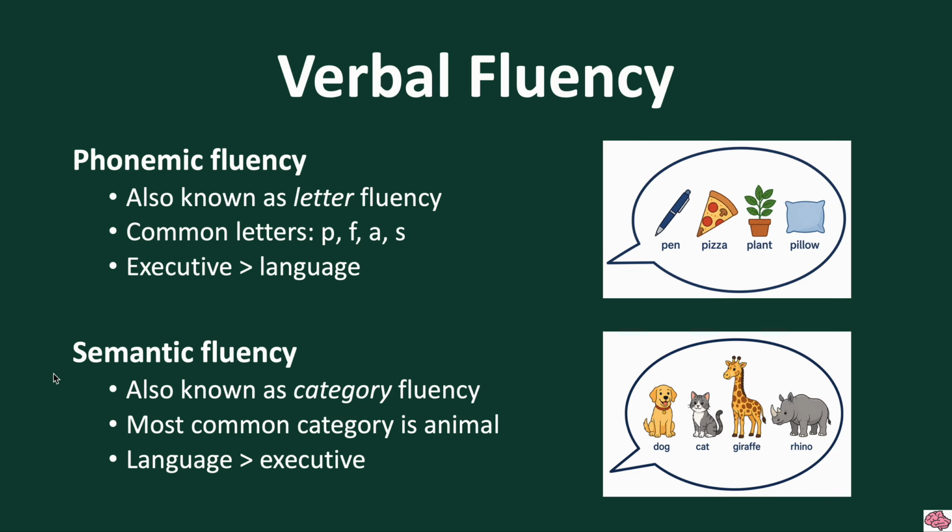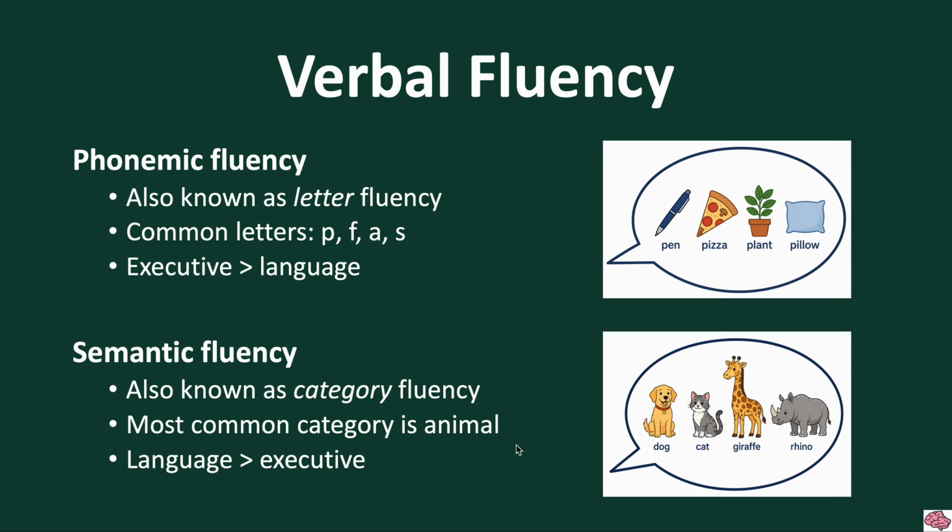The other kind of verbal fluency is semantic fluency, which is also called category fluency, because in this task, a person is asked to generate as many exemplars belonging to a particular category that they can in the space of 1 minute. And most commonly, that category is animal.